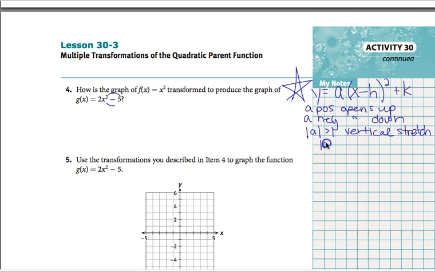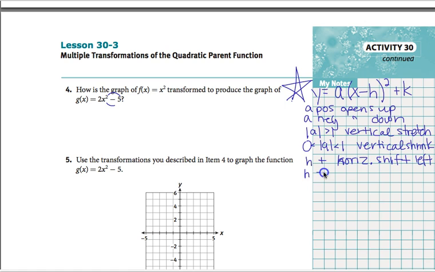And if the absolute value of a is between 0 and 1, then that's a vertical shrink. If we have an h value that's positive, that means we have a horizontal shift left.